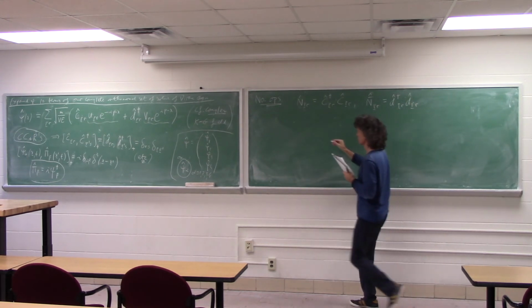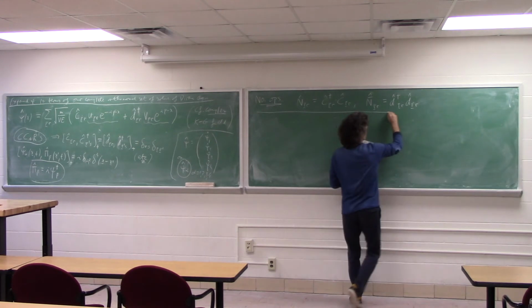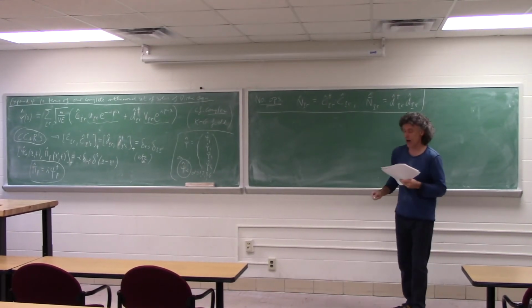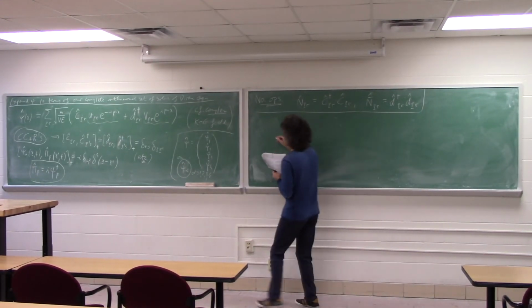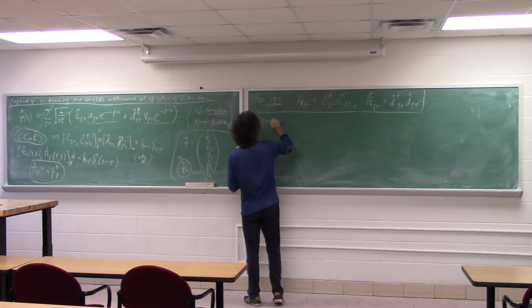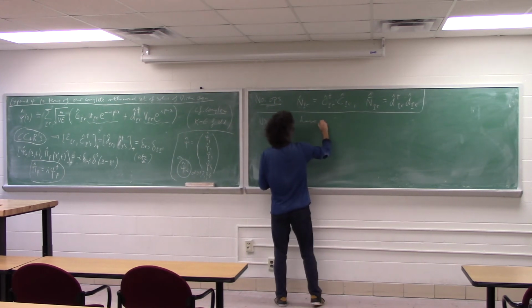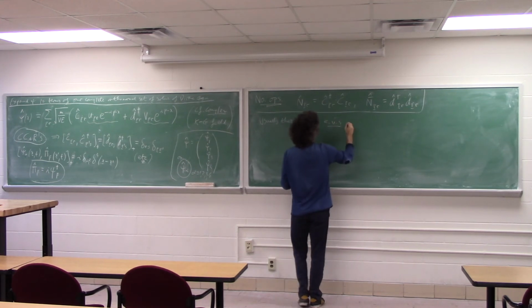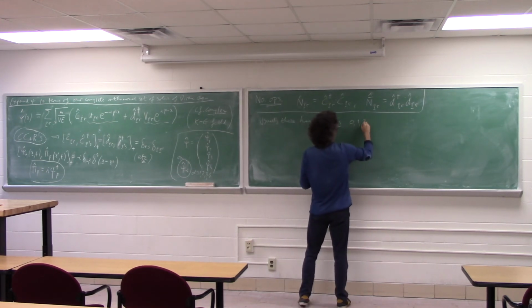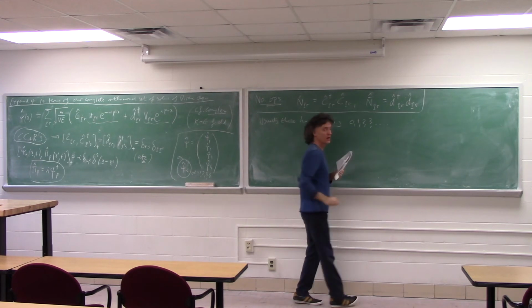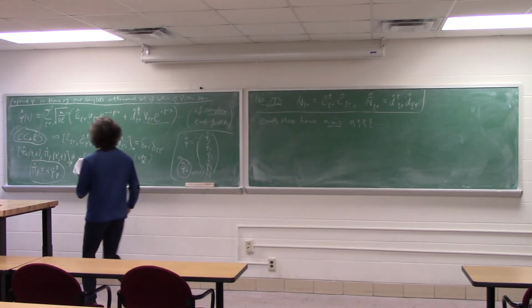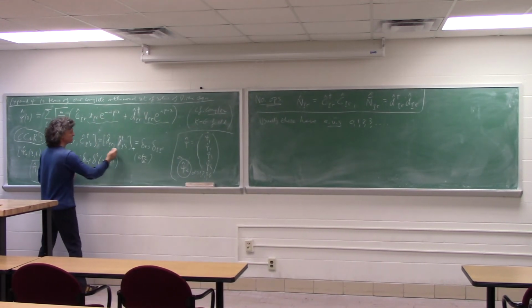Usually these have eigenvalues 0, 1, 2, 3. When I say usually, I mean without this plus.